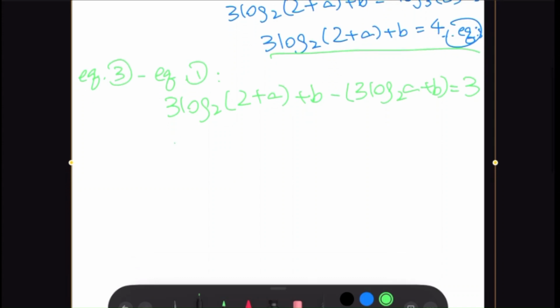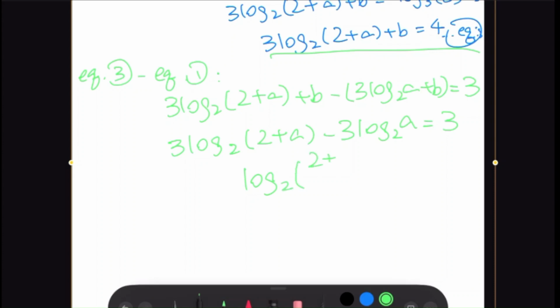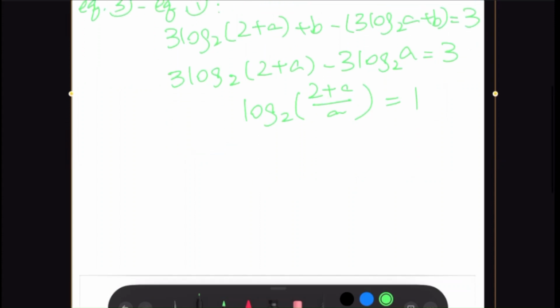Then we simplify that into 3 log(2 + a) minus 3 log(2a) equals 3. By factorizing, we can shorten things even more, and then finally a equals 2.